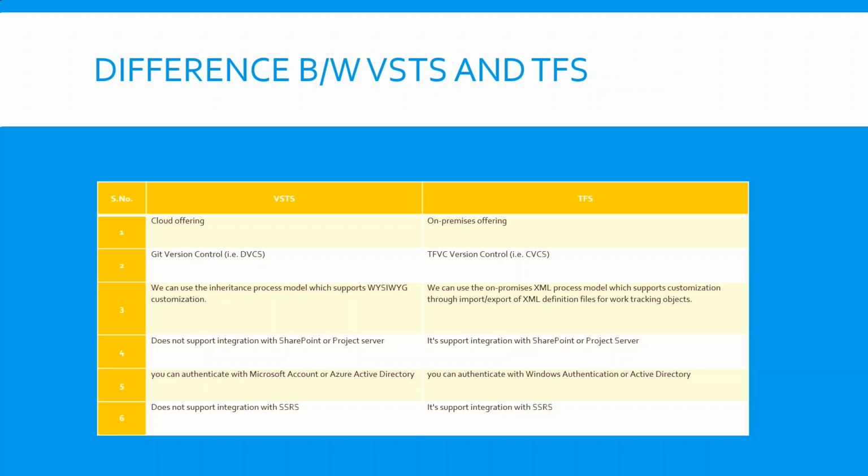In VSTS, we can authenticate through a Microsoft account as well as Azure Active Directory. Microsoft account is for an individual or a student, who can authenticate through their own Microsoft account to access VSTS. For organizations, we can use Azure Active Directory to access VSTS. Why?